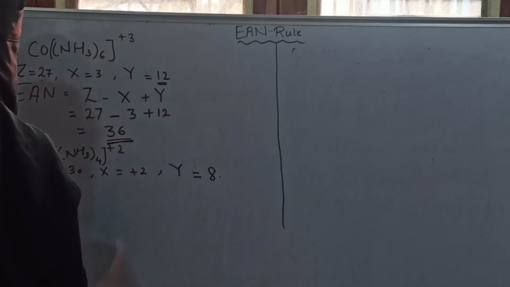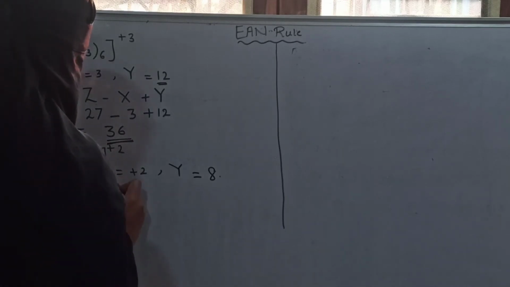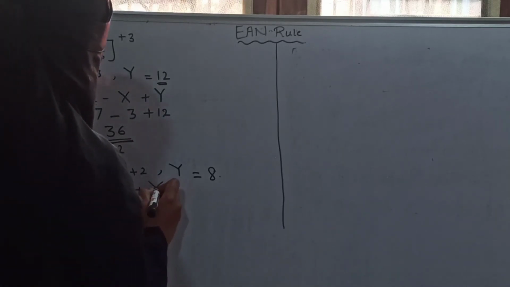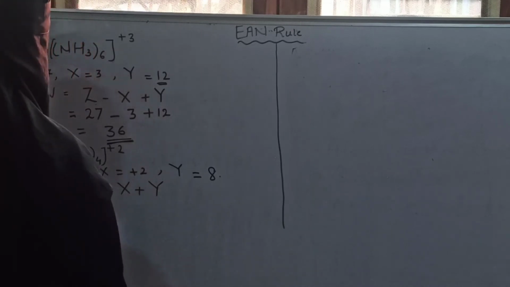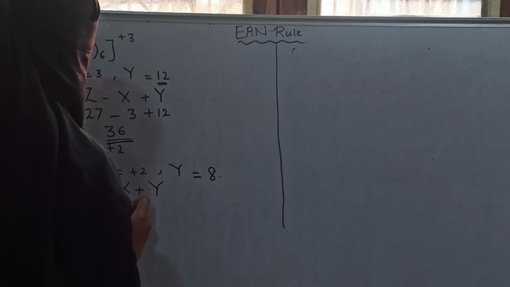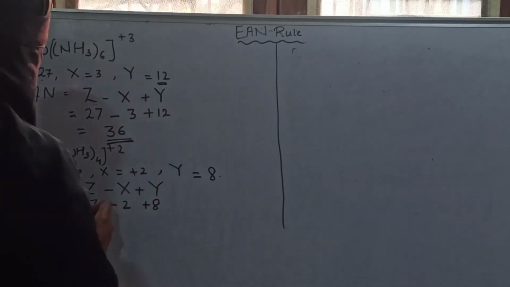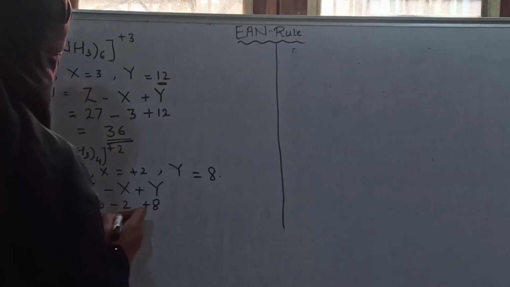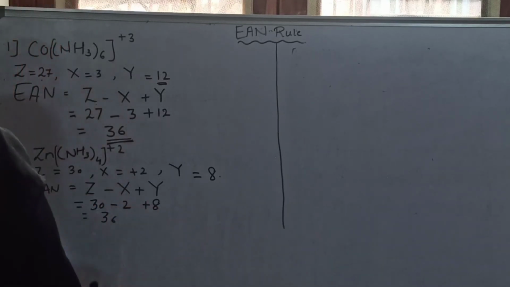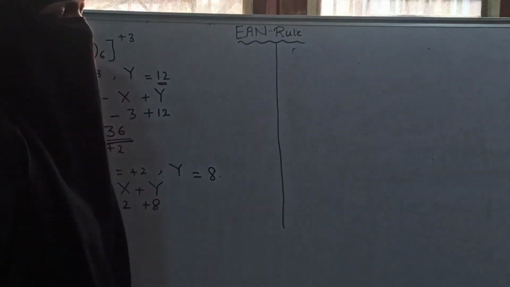Therefore EAN is equal to Z minus X plus Y, which is equal to 30 minus 2 plus 8, which is equal to 36. It also follows the EAN rule, or this complex also follows the EAN rule.